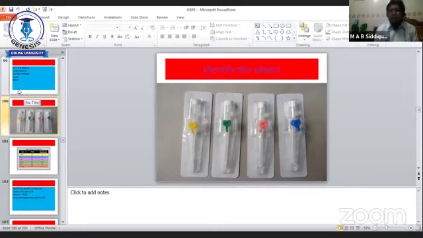This color code is universal all over the world, and it indicates the diameter of the cannula for intravenous use. This is one of the most commonly used appliances in hospital admitted patients, and the color code is universal and indicates the diameter.